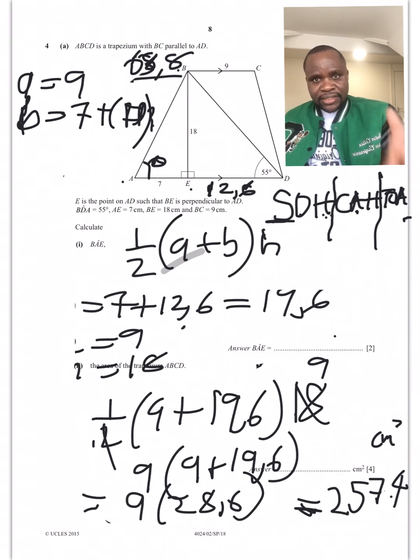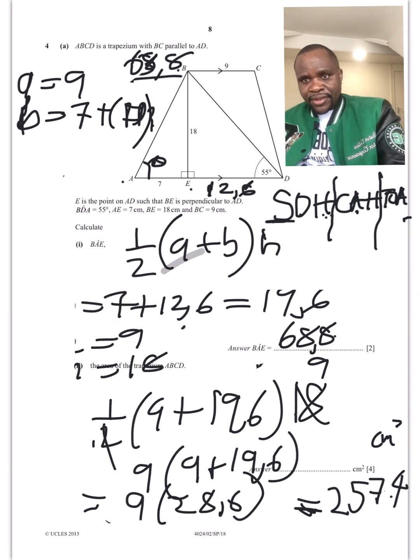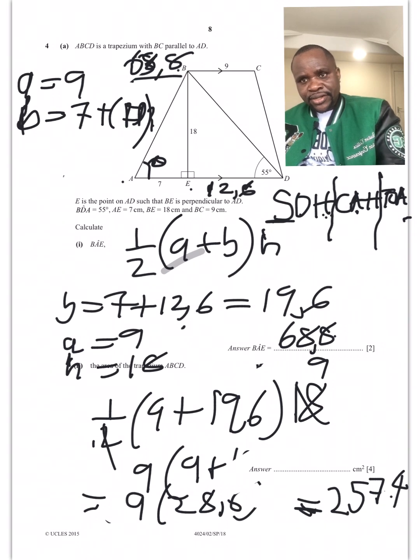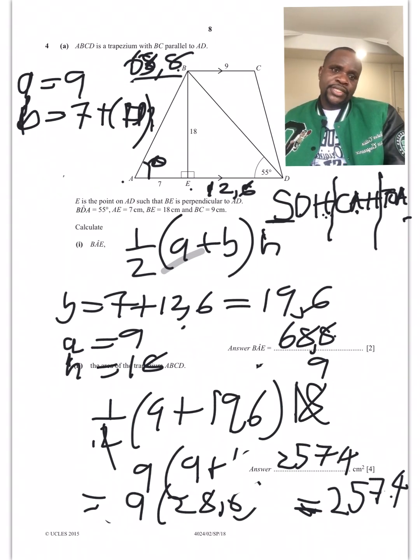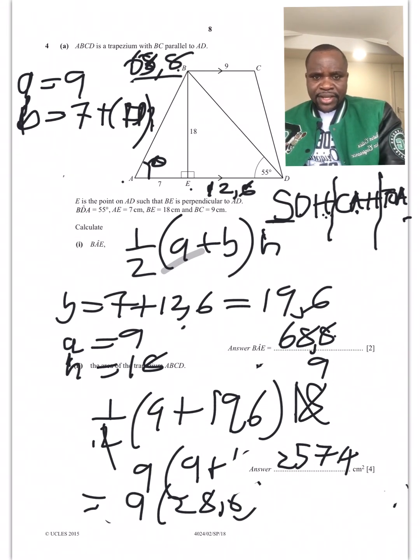Keep it in mind: 68,8 is coming here, and then here it's actually 257,4 centimeters squared. So this is what we're going to have.